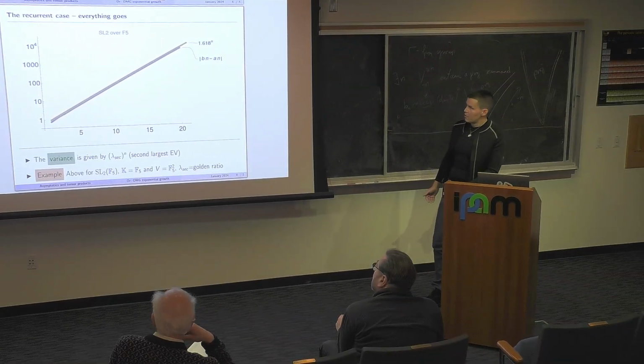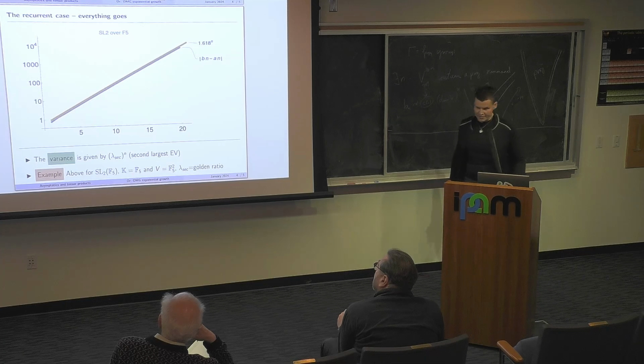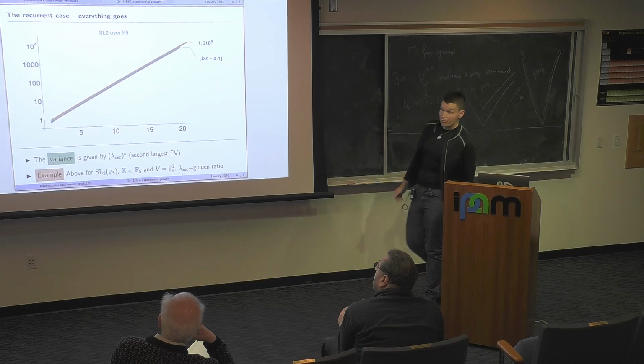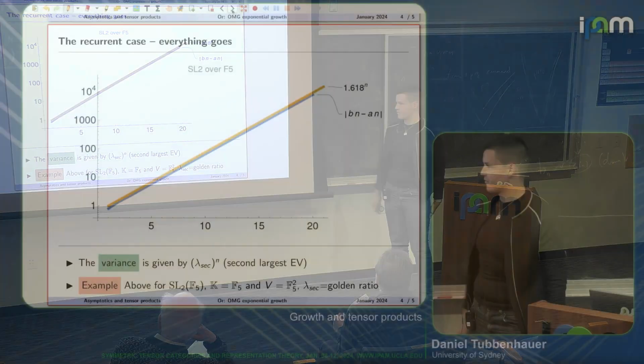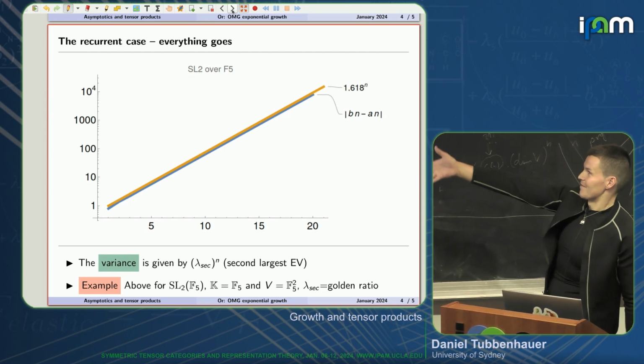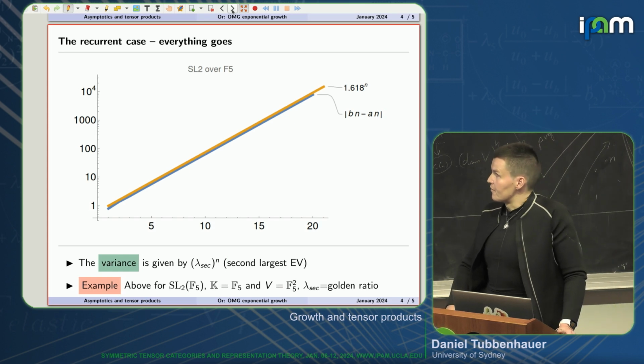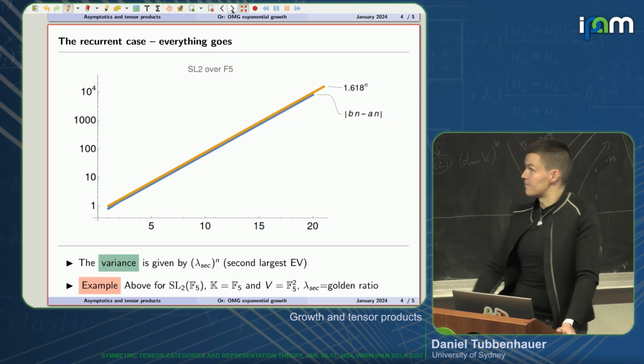For example, for SL2 over F5, taking the defining representation again, the largest one is 2. The second largest turns out to be the golden ratio.